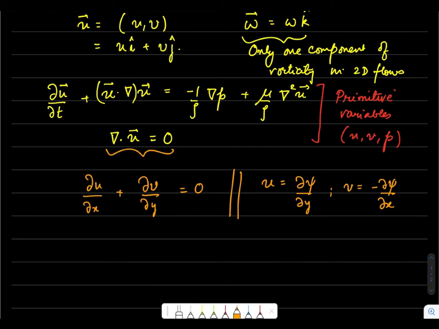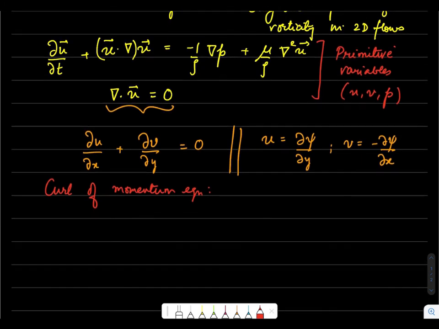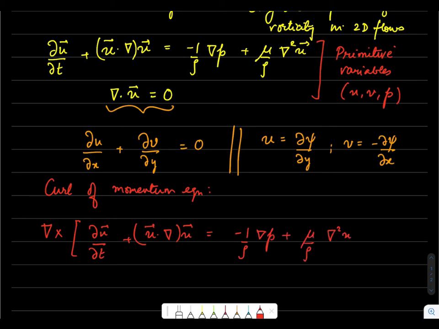Further, if I take the curl of the momentum equation, and this can be proved in many different ways, so I'm not going to go into the detailed proof, but if you take the curl of du dt plus u dot del of u equals minus 1 by rho gradient p, where rho is constant, plus mu by rho del square u, where mu is the dynamic viscosity.